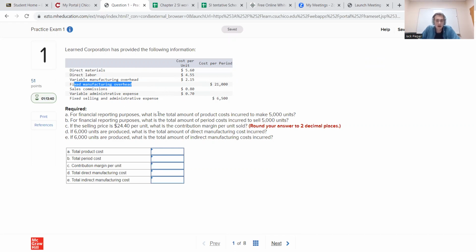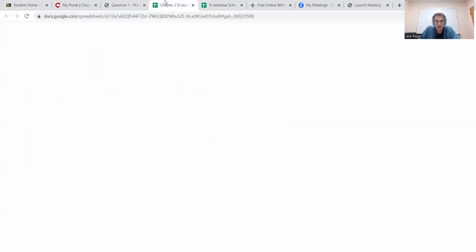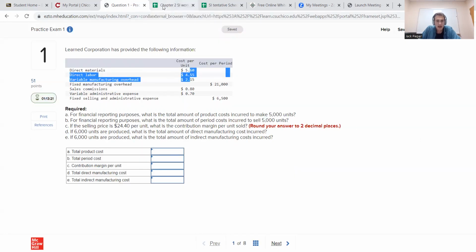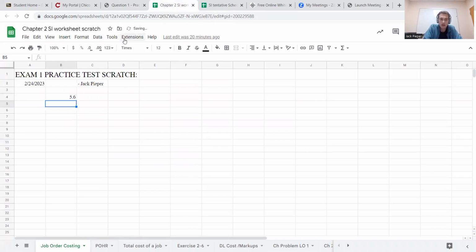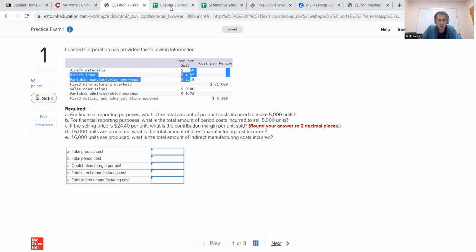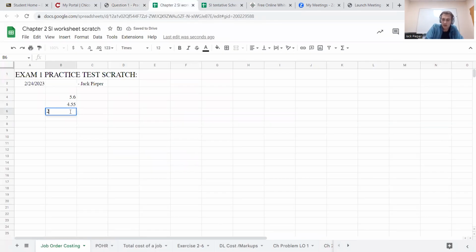Okay, so for financial reporting purposes, what is the total amount of product costs incurred to make 5,000 units? So we're just going to add all these variable costs up, the 5.60, the 4.55, and the 2.15.